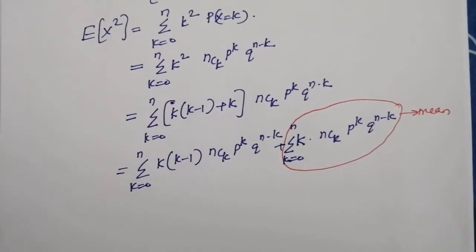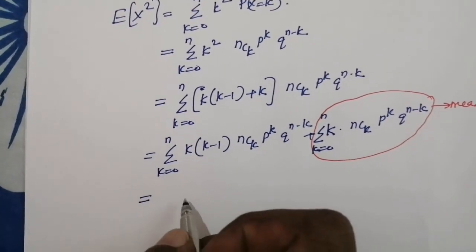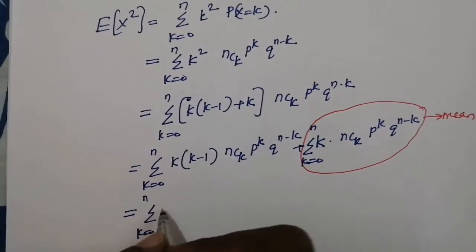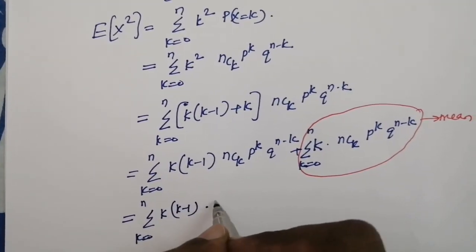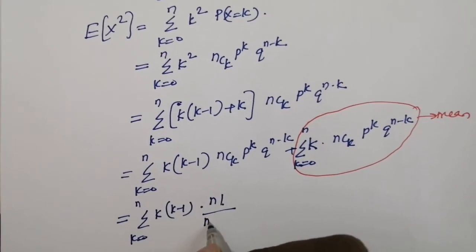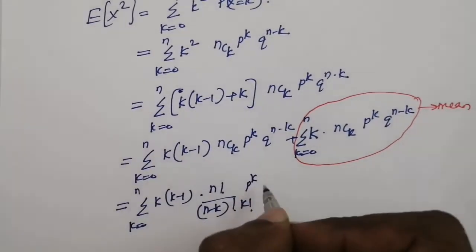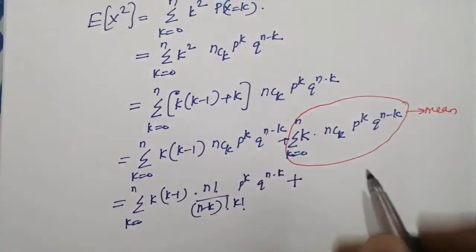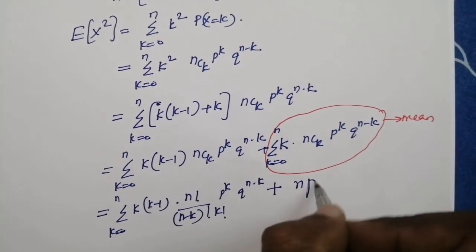So this can be written as sigma k equal to 0 to n, k into (k minus 1) into nCk, which is n factorial by (n minus k) factorial into k factorial, into p raised to k q raised to n minus k, plus what is mean value of binomial distribution, that is np.